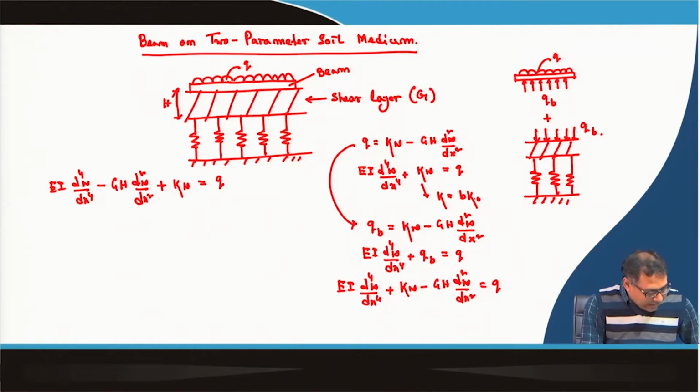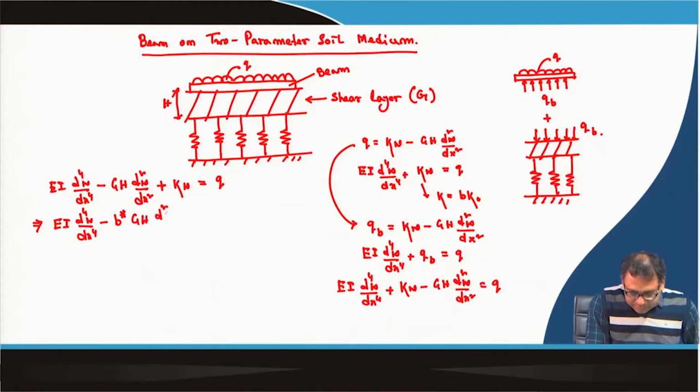So I can write this equation as EI d4 w dx4 minus b star GH d square w dx square plus b star K w, that is equal to q.